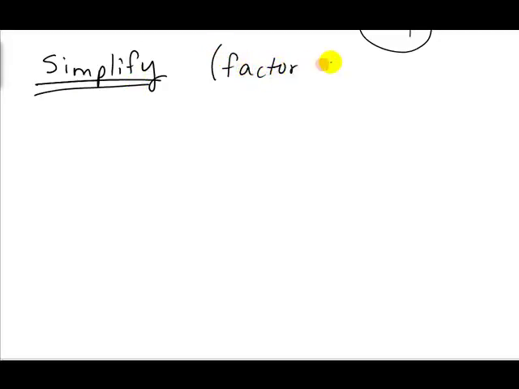All right, let's go ahead, and that was just an introduction to get us started with what we need to do today. We want to simplify. We're not solving. You can only solve equations. The process to do this is we need to factor first.